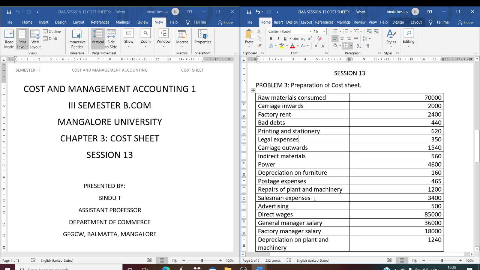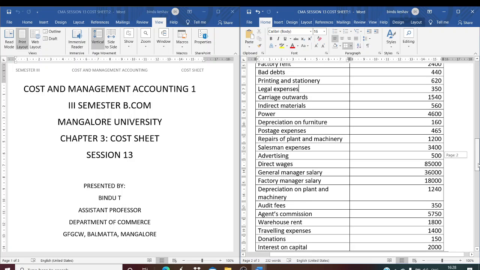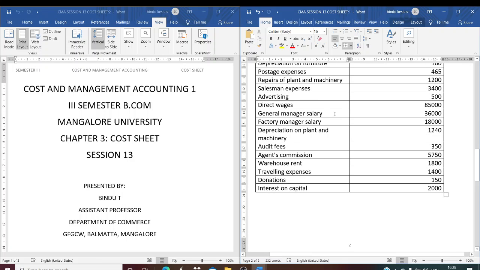Salesman expenses are selling and distribution overhead. Advertising, again selling and distribution overheads. Direct wages come under our calculation of prime cost. General manager's salary, for the overall administration, comes under office and administration overheads. Factory manager's salary, again factory overheads.